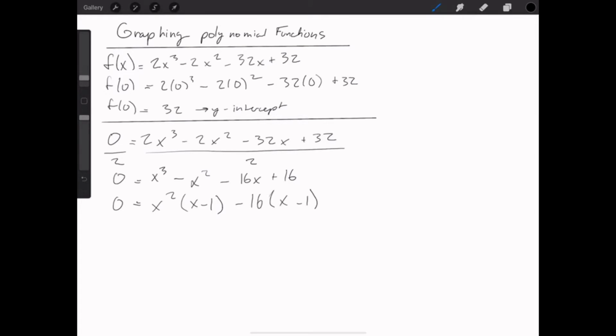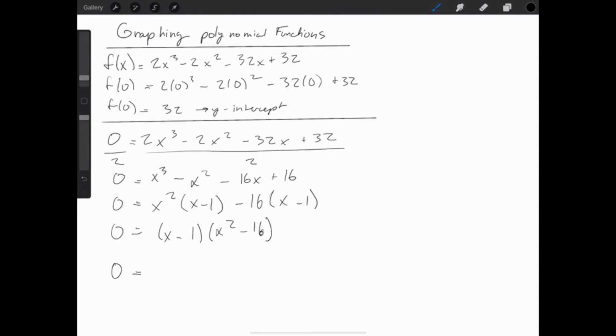And then you kind of just simplify x minus 1 and x squared minus 16. And notice that x squared will help when we square root the negative 16. That will help make a positive 4 and a negative 4 for our x-intercepts.